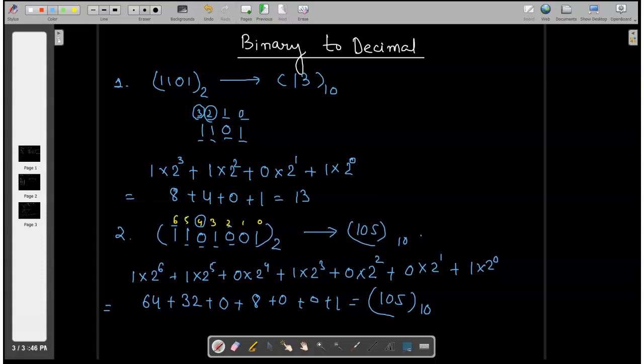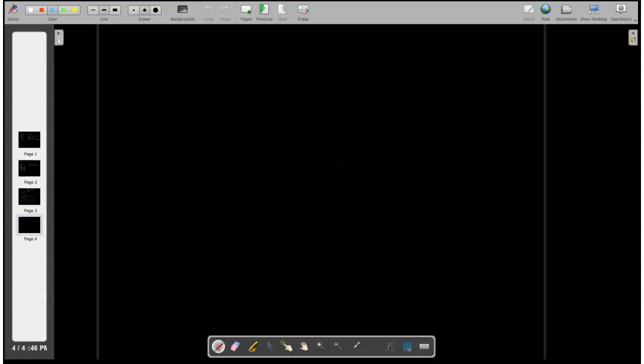Now we will see how we can do binary to octal. When we say binary to octal, we first have to take a binary number.